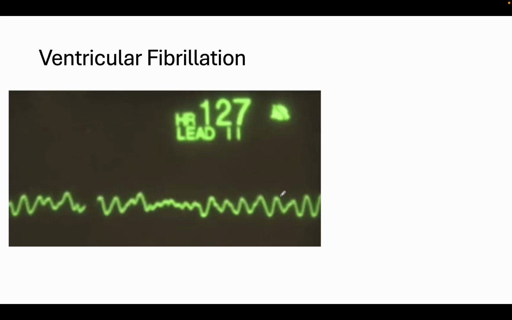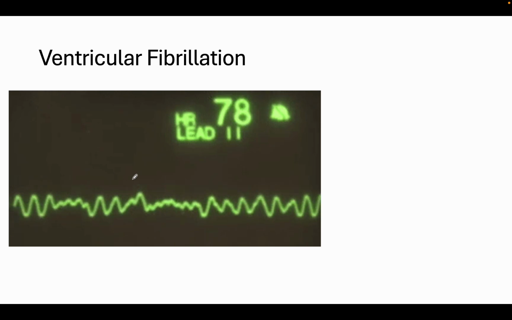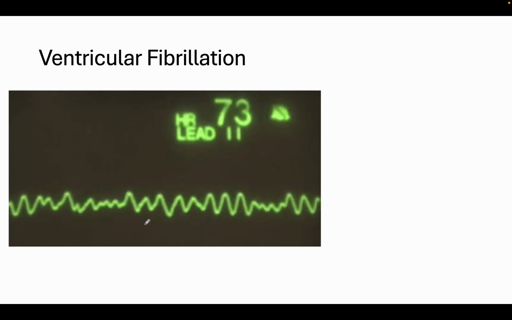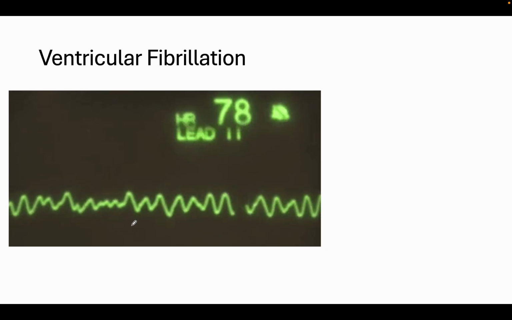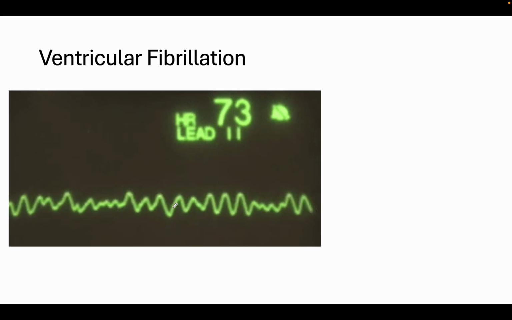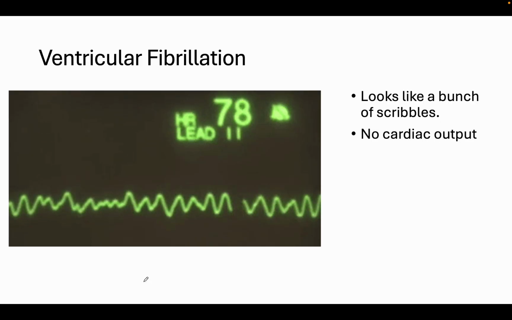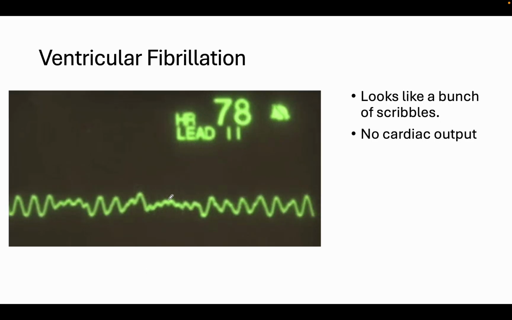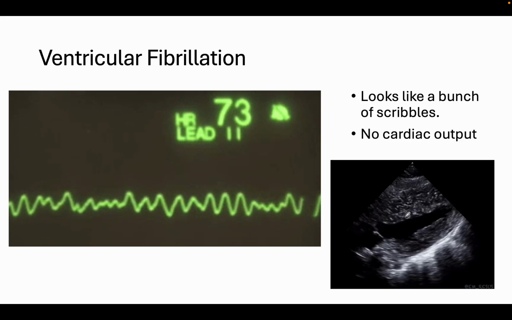So the other nasty rhythm is ventricular fibrillation, and this ECG represents it quite nicely. It is basically an ECG that looks like a bunch of scribbles. There is no real clear morphology, and the ventricle is basically just quivering. There is no cardiac output because the ventricles are just quivering, and that's again a nice example.